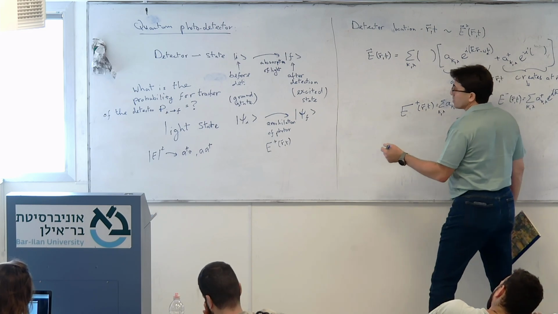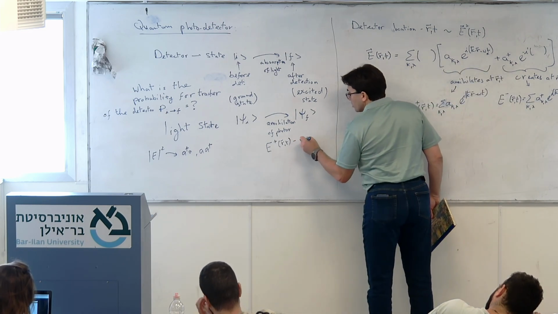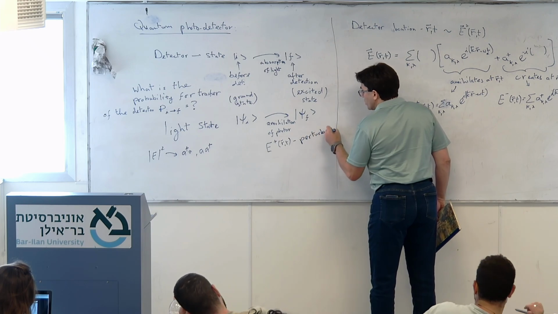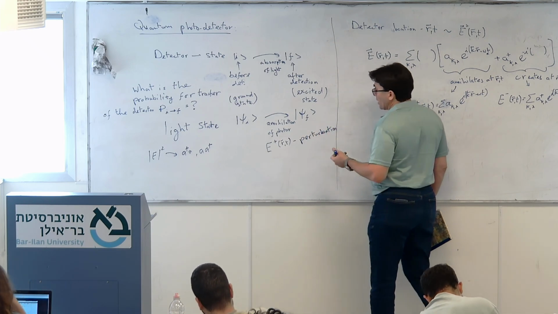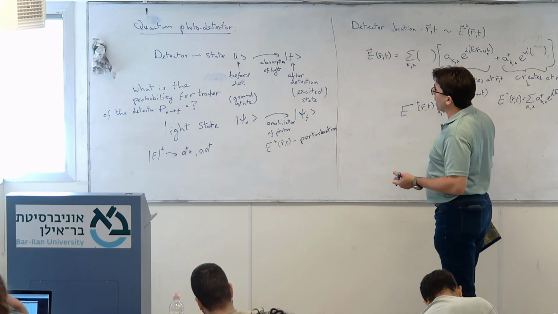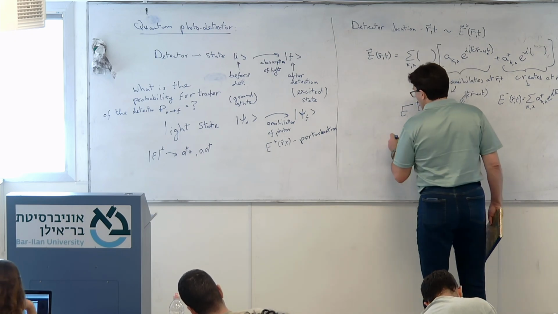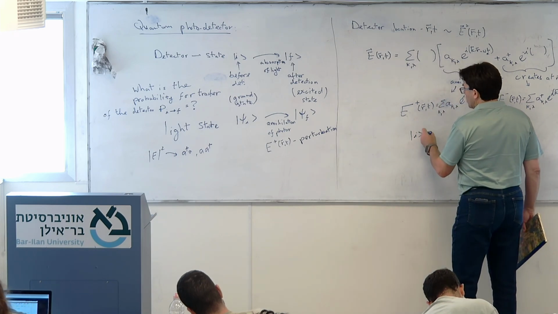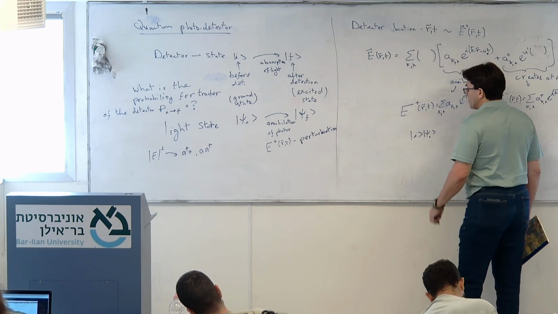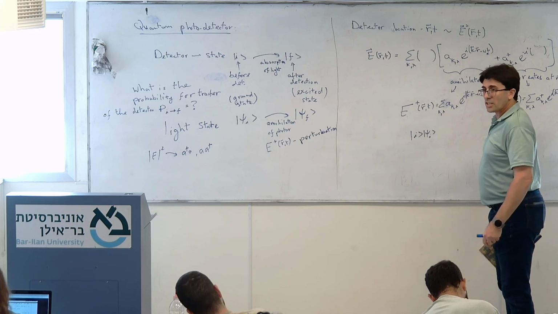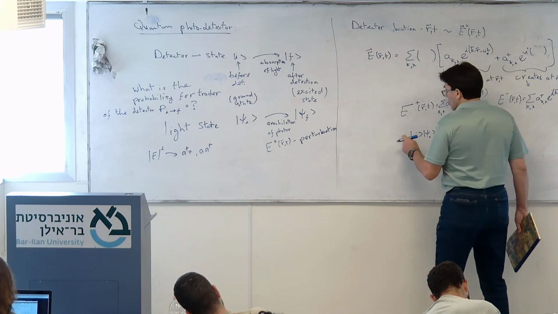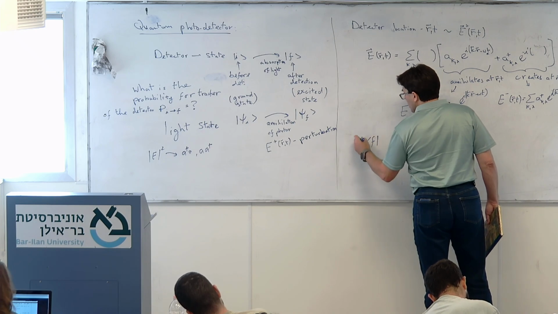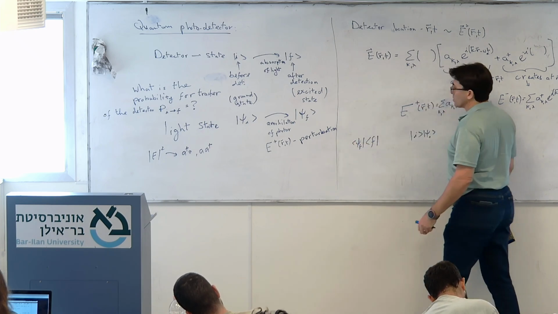E plus, that is the perturbation, and we can say, okay, so I was initially in state I, the detector, and the light was in state psi I. It ended up in state F and psi F of the field.